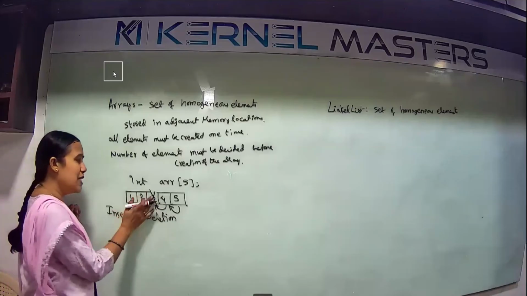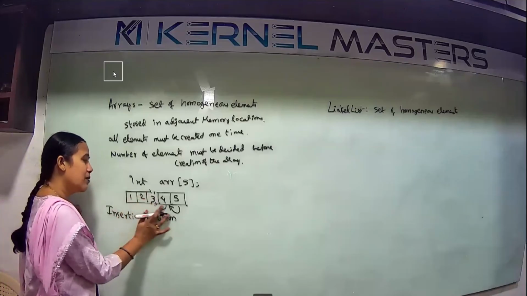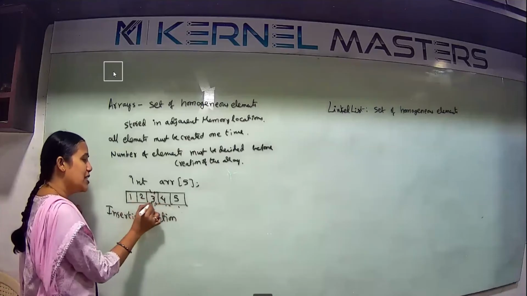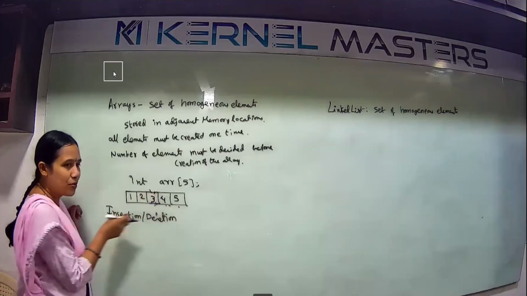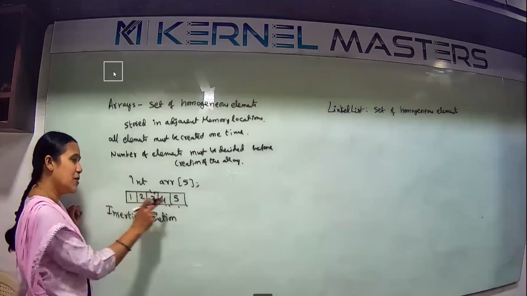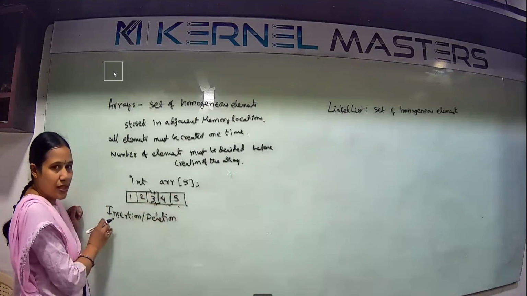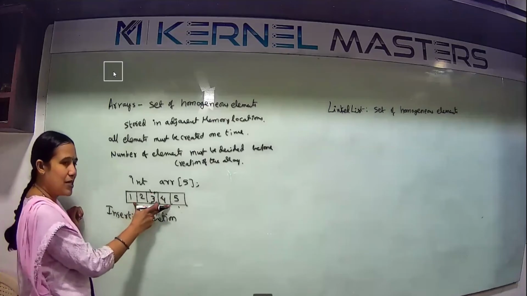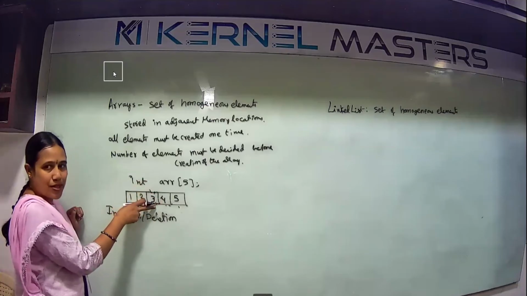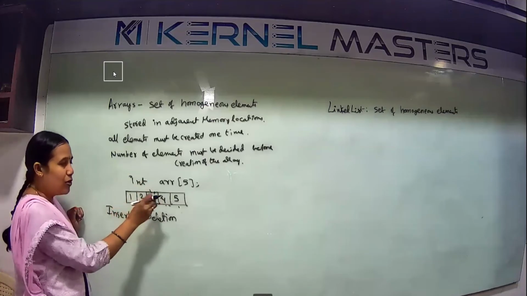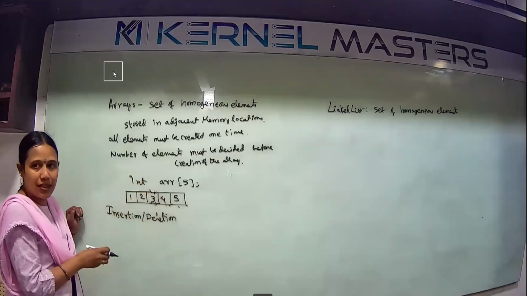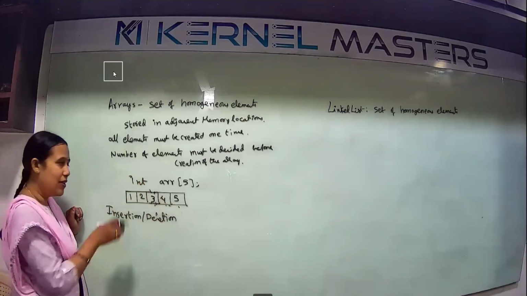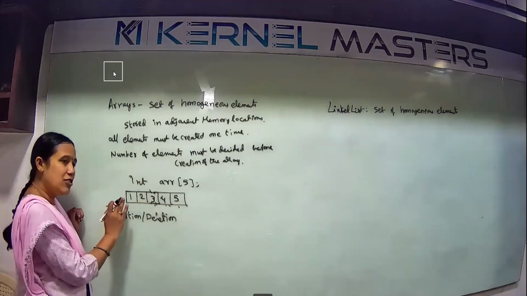Similarly, if you want to insert something between 3 and 4, or something before 1, or something after 5, if there is space available, then only you can do it. Already 5 elements are filled. Without losing some data, you can't insert anything new. Even if you want to insert, that is also done through programming only.